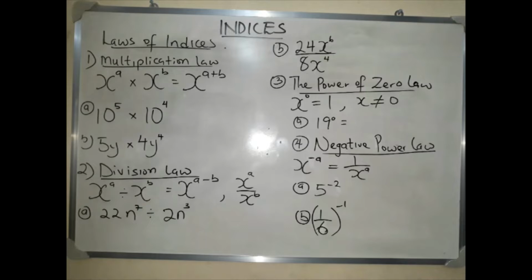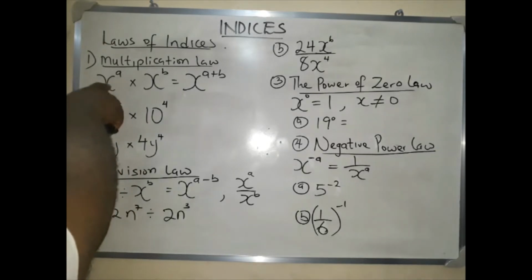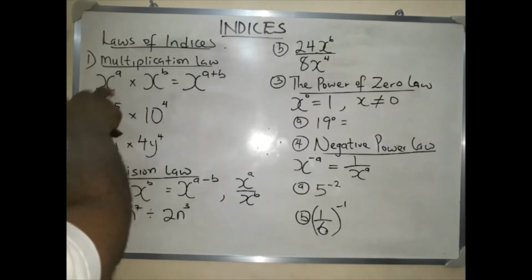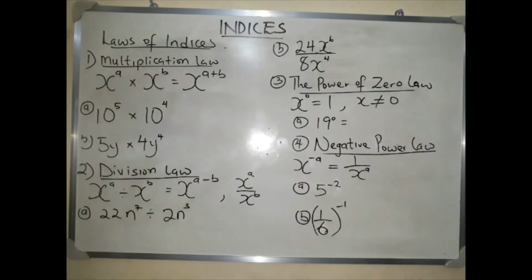Now you can see the formula here. This is two terms, and as you can see the two terms have the same base x, and a and b are their indices.